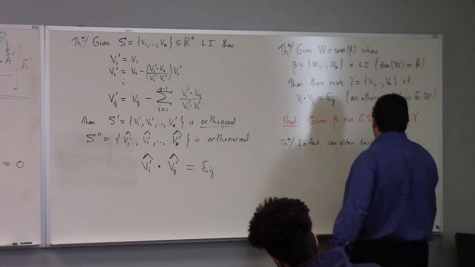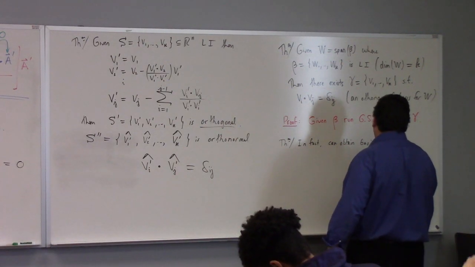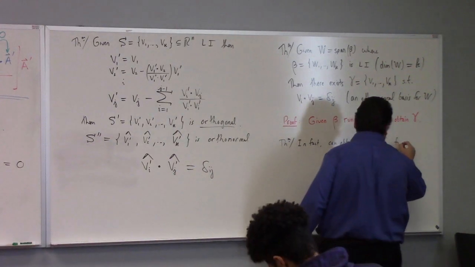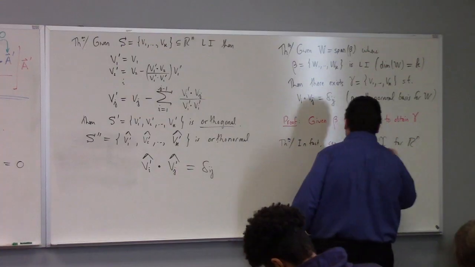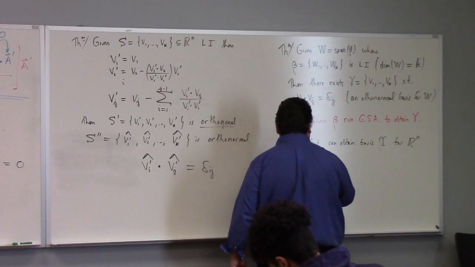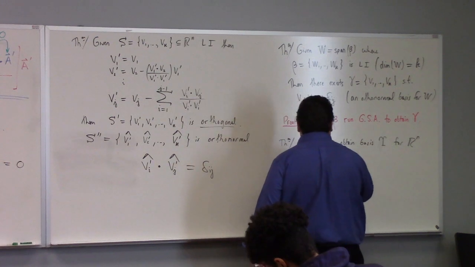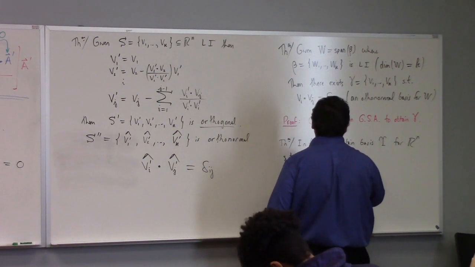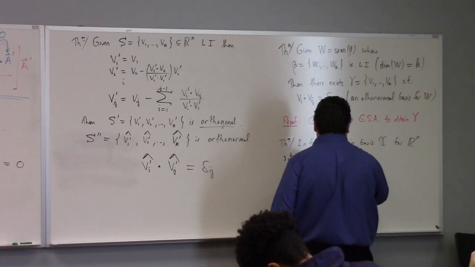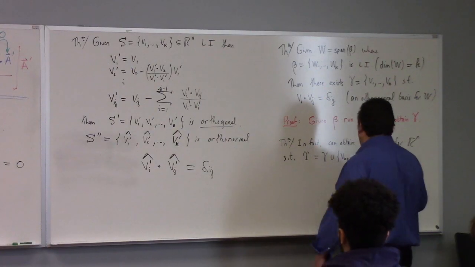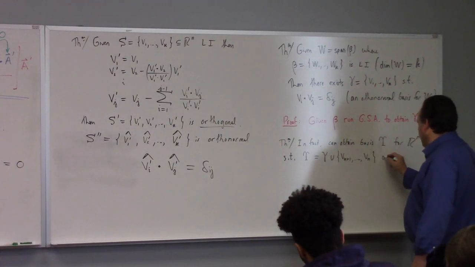You know what we haven't used yet? Upsilon. So there exists a basis upsilon for Rn such that upsilon is equal to the gamma I talked about above, unioned with, let's say, Vk plus 1 all the way out to Vn, orthonormal.